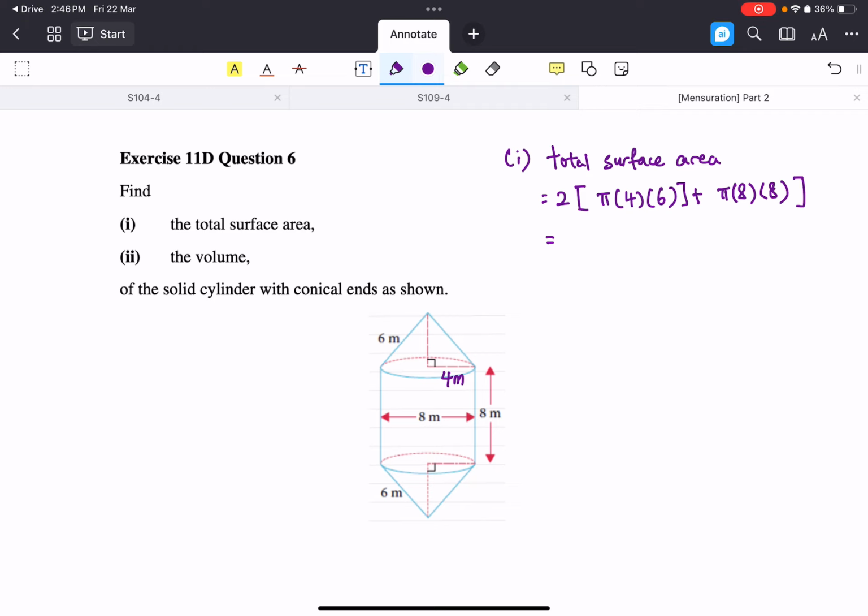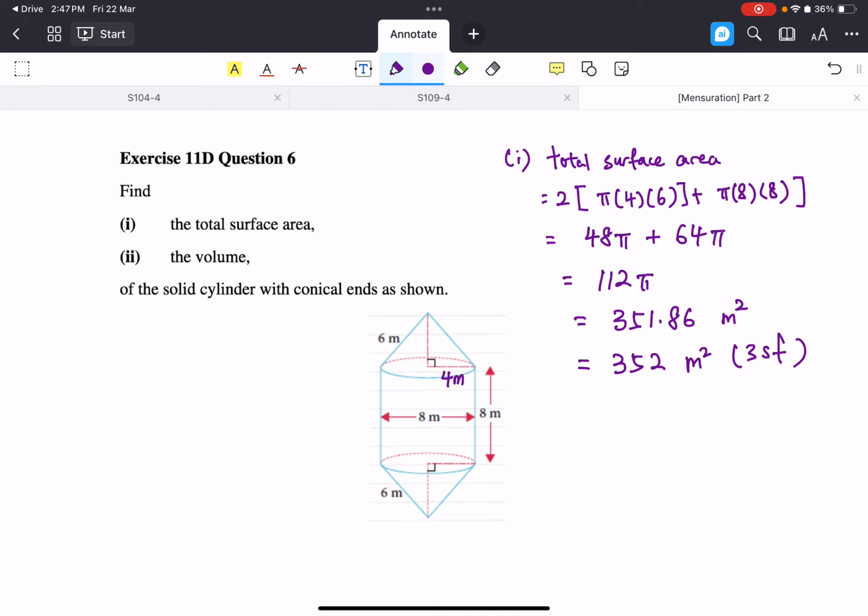So you put them together, it will be, let's use my calculator, 48 pi plus 64 pi is 112 pi, and then multiplying by pi on the calculator gives us 351.86 meters squared. Of course again this is non-exact, so 3 significant figures, which will give us 352 meters squared, 3 SF.